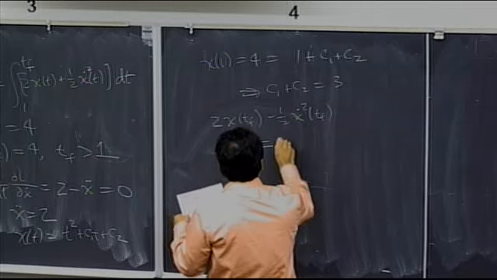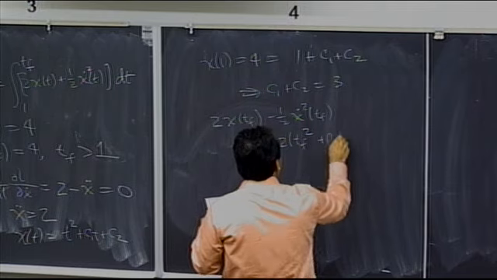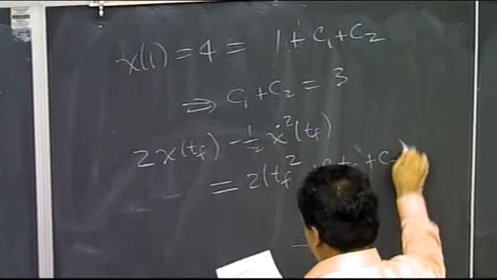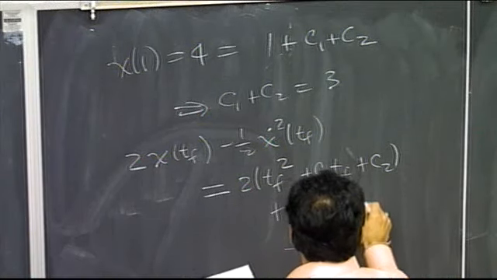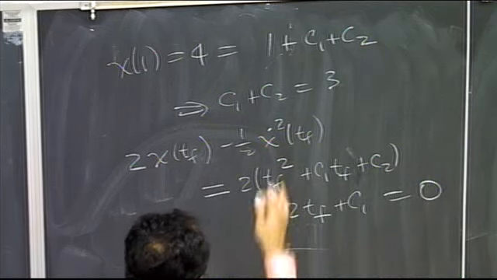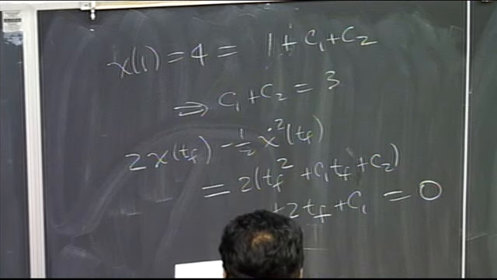Well, it equals 2 times tf squared plus c1 times tf plus c2, and then you get plus 2 times tf plus c1, and that whole thing has to equal 0. So if you solve these two equations, you've got to make sure you solve them properly.